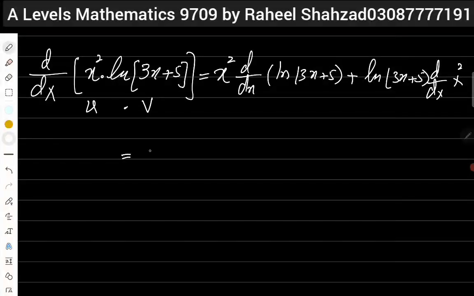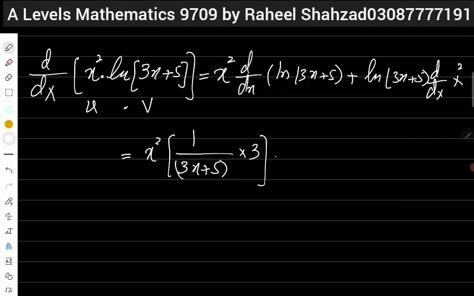Now we differentiate it: x² into the derivative of ln(3x + 5), which is 1 over (3x + 5) into 3, the derivative of the angle, plus ln(3x + 5) as it is into the derivative of x², that is 2x.